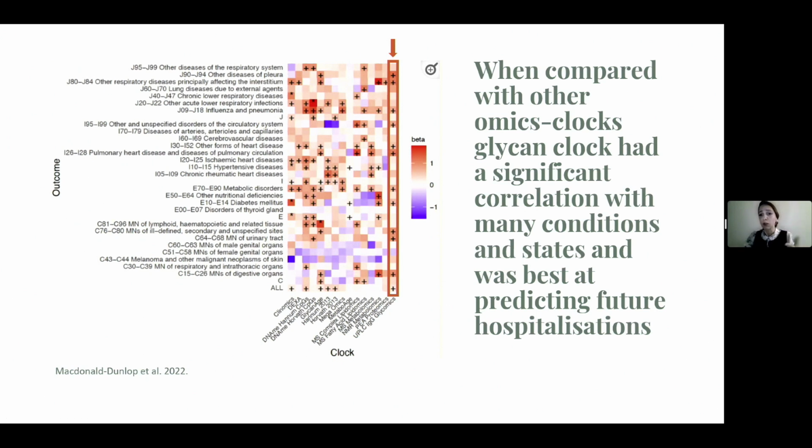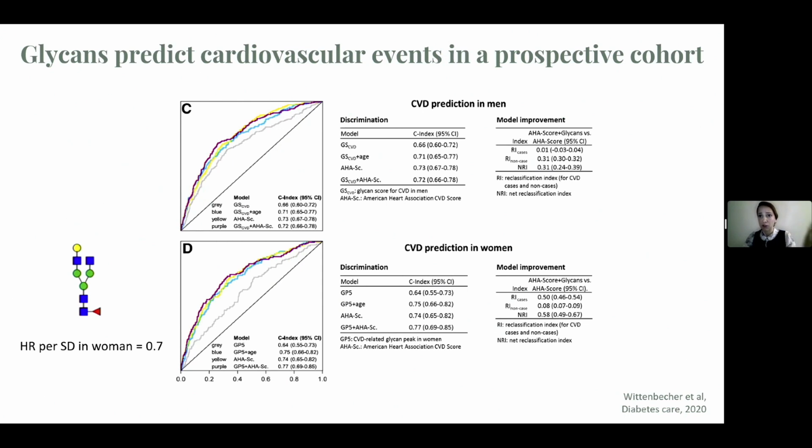And what we can see, for instance, when we look at one group of those diseases, the cardiovascular events, is that glycans are excellent at predicting cardiovascular events in a prospective cohort, and this was true both for men and for women.